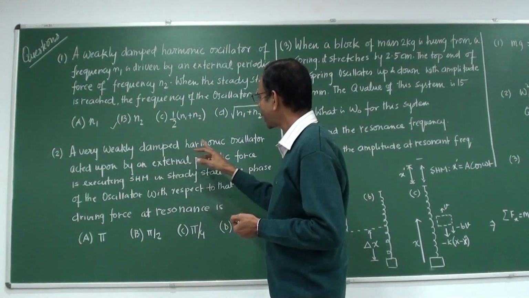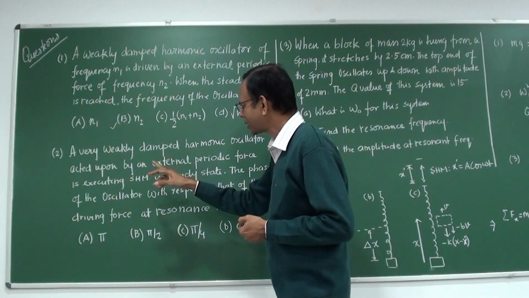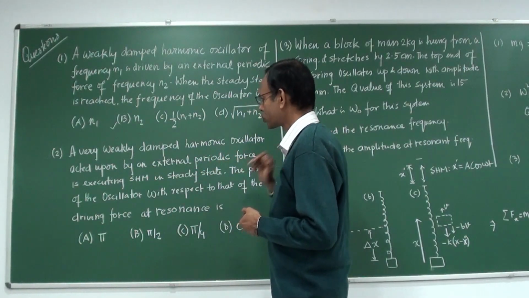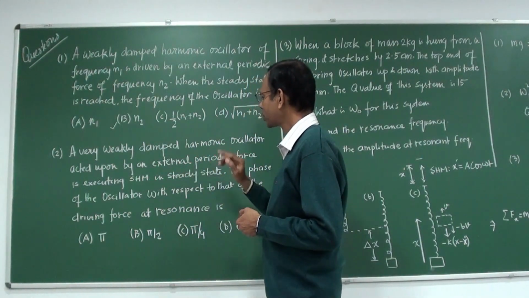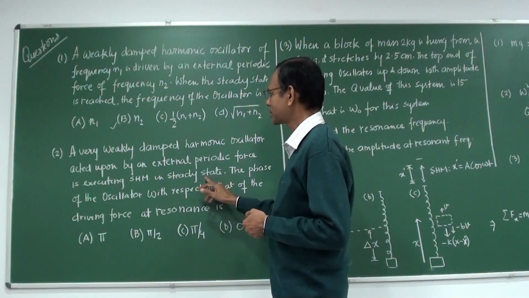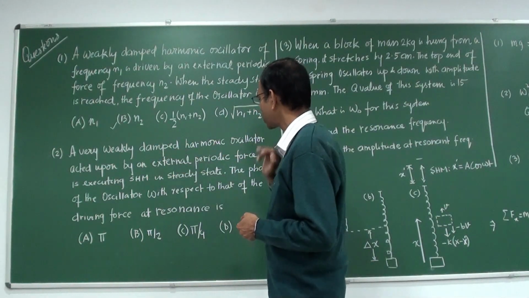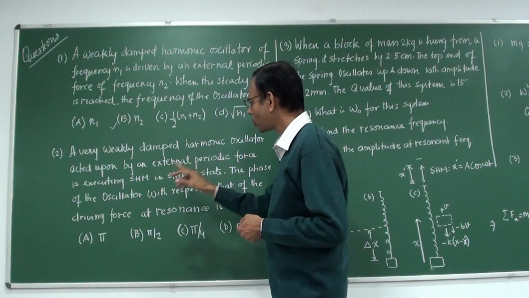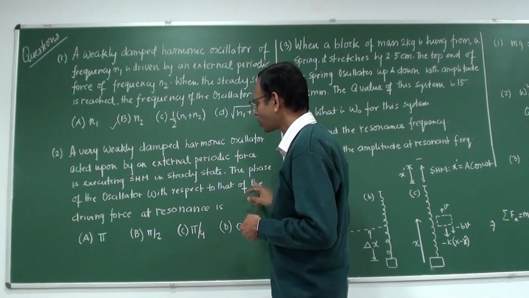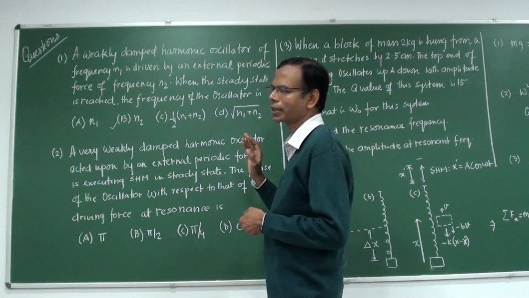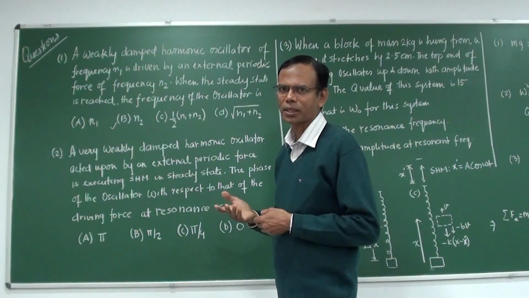A very weakly damped harmonic oscillator acted upon by an external periodic force is executing simple harmonic motion in steady state. The phase of the oscillator with respect to that of the driving force at resonance is? That also we have discussed.